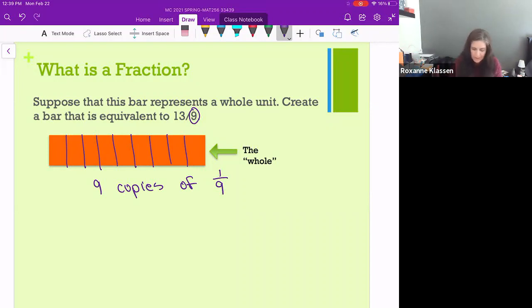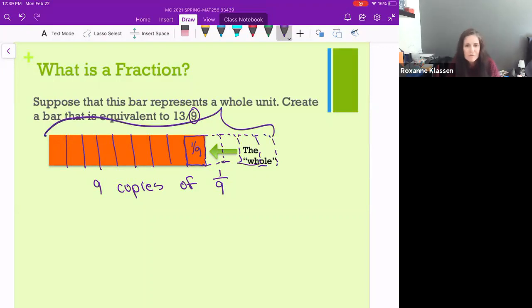So you probably drew another bar, or you said, oh look, this piece is 1/9, so I could just go, there's 1, there's 2, there's 3, there's 4. And now this whole bar is 13/9. Some of you felt better about them being separate. That's totally fine.